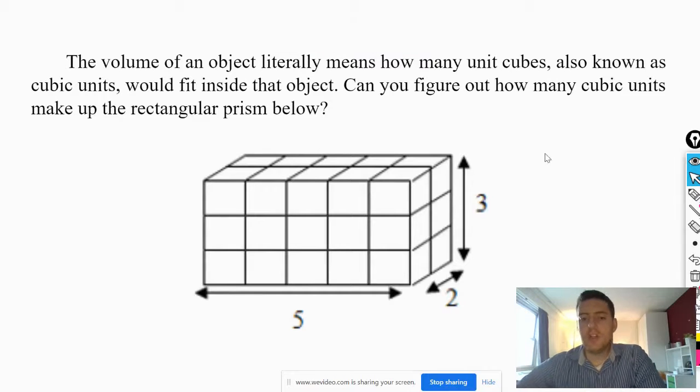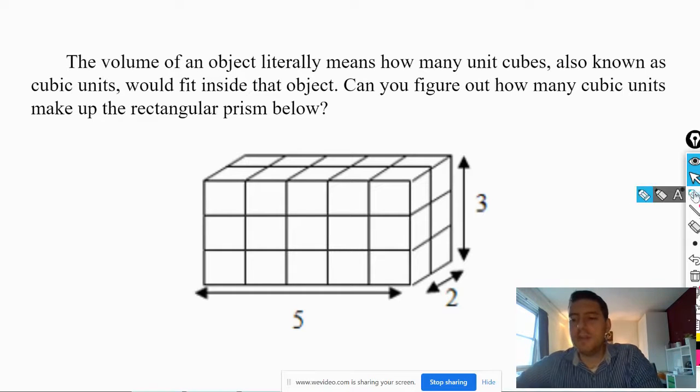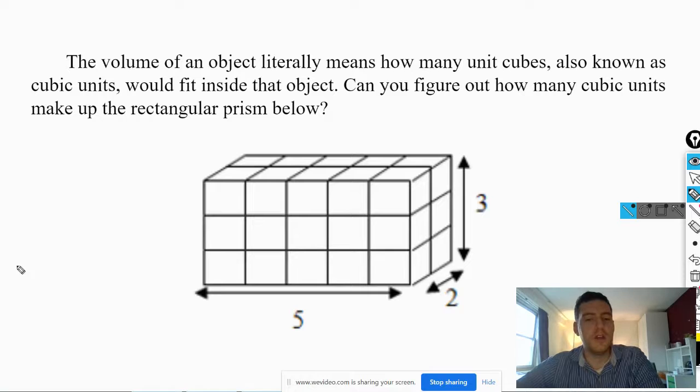Now imagine that we were to take this prism here and bump into it and push the cubes a little bit to the right. Maybe we're clumsy and we didn't see it there, and we were walking somewhere and just banged into it by mistake. Then what would it look like?